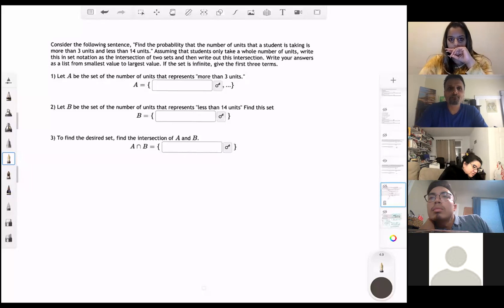Let A be the set of the number of units that represents more than 3.